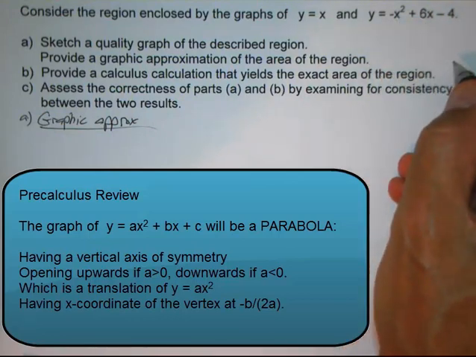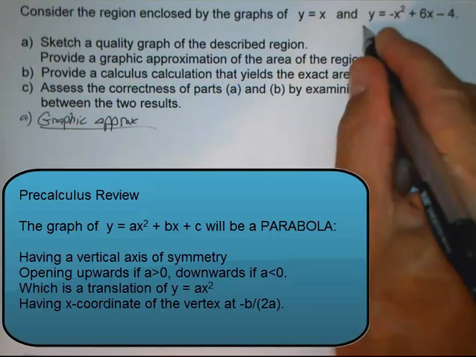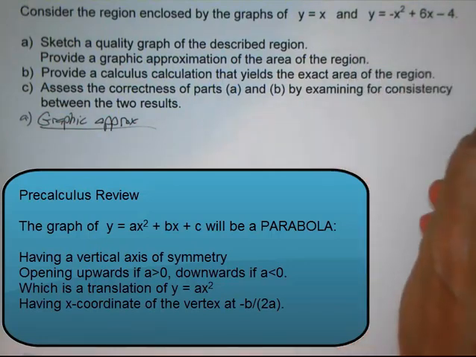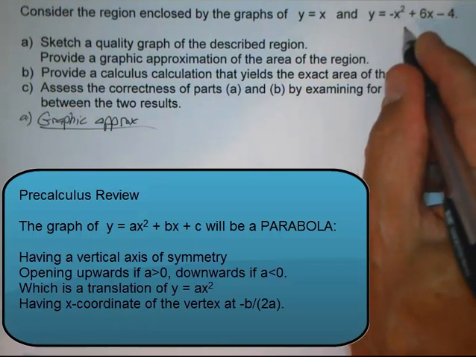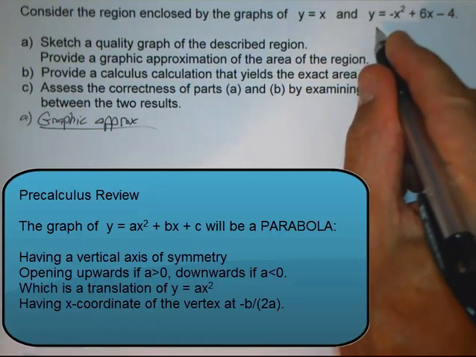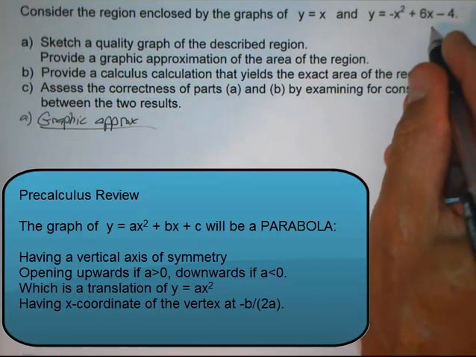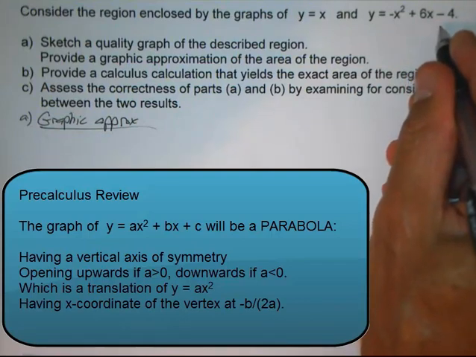This will be a translation of y equal to negative x squared. A little formula worth memorizing is that the x-coordinate of the vertex will be at negative b over 2a.